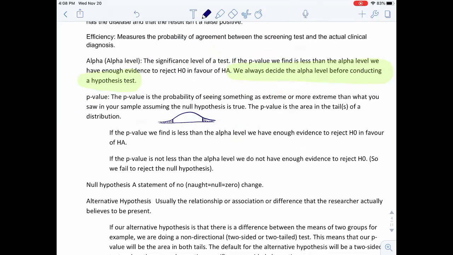The area under the curve is a probability, and so the probability of seeing something as extreme or more extreme is the area in the tails. If you're looking at both tails, you've got a two-sided p-value. If you're looking at one tail, you've got a one-sided p-value, and we'll go through those a little bit later.